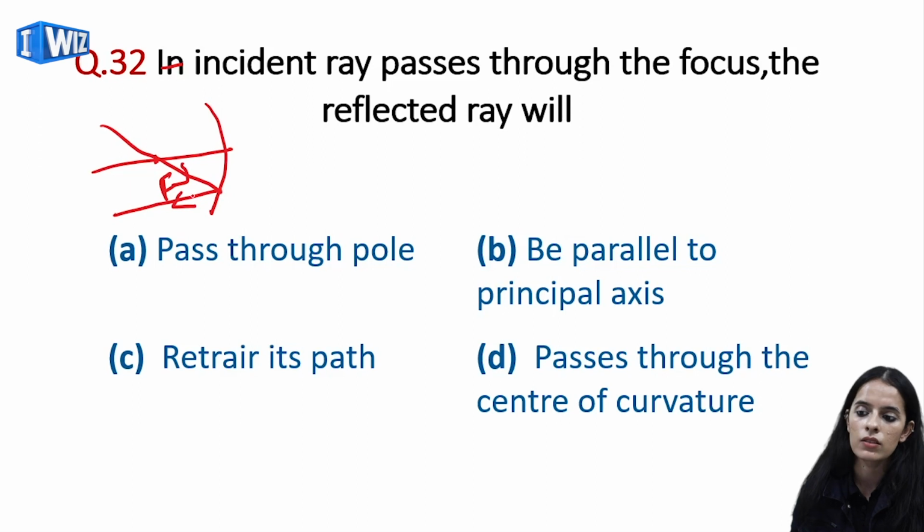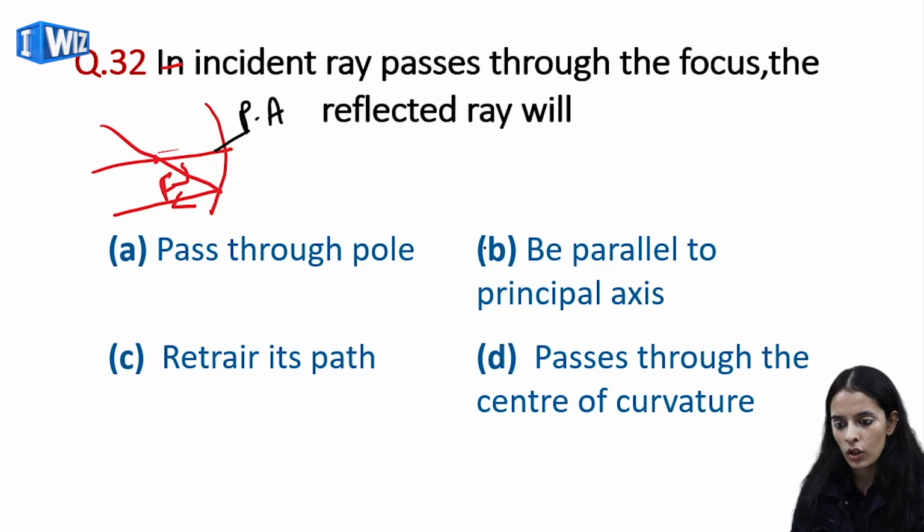It will go like this. This is called the principal axis. The straight axis which is passing through the pole is the principal axis. And after passing through the focus, it always goes parallel to the principal axis. So what's the right option? B.